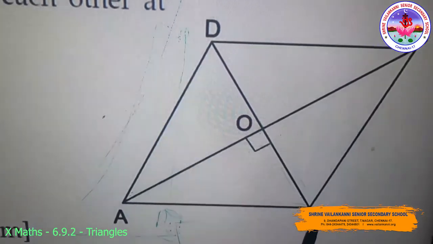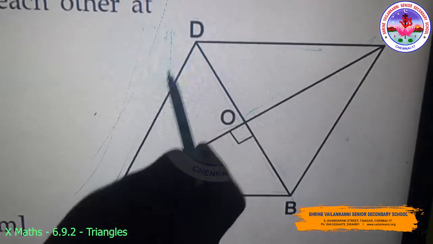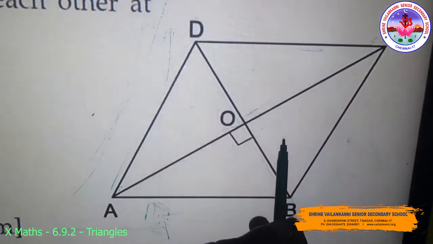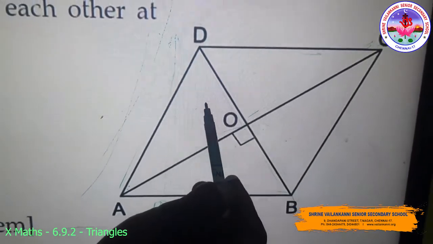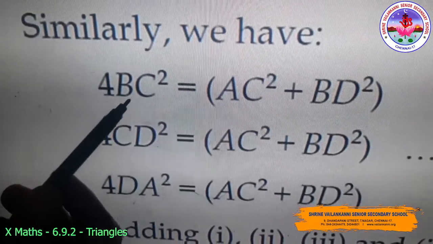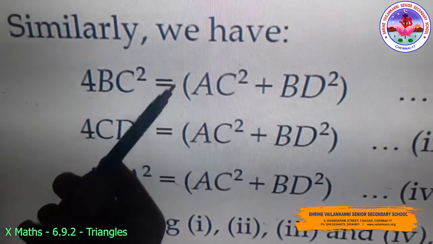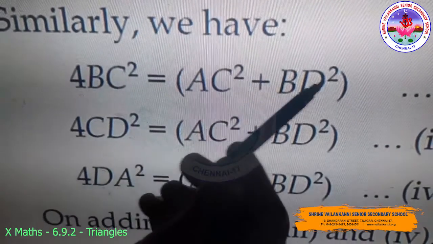Similarly, I am going to take triangles BOC, COD and DOA. For all these three triangles, I am going to use the Pythagoras property. Similarly, in triangle BOC, I will get BC square is equal to 1 by 4 of AC square plus BD square.